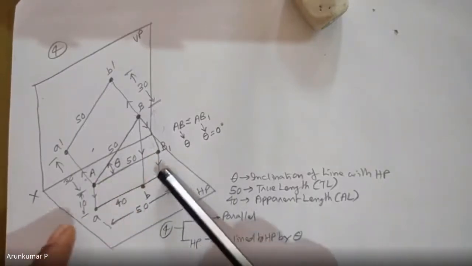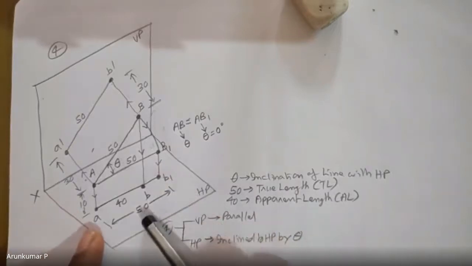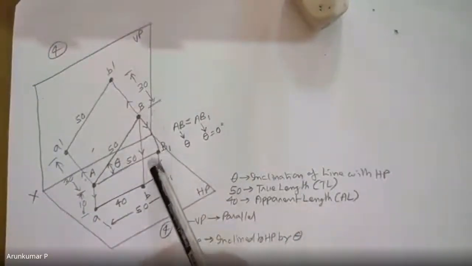I have rotated and made it parallel, and then I have projected. So I got small ab1, which is the top view of the line AB1. Now that will definitely be in its true length, which is 50 mm. So this is how, even though the line is not parallel, it is at an angle, I can still rotate it and make it parallel.